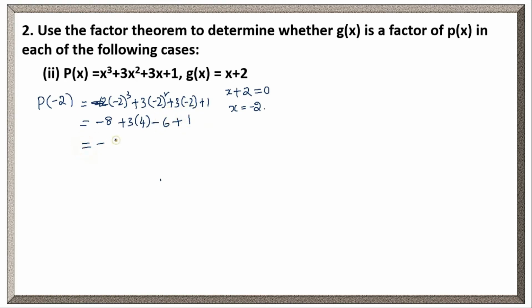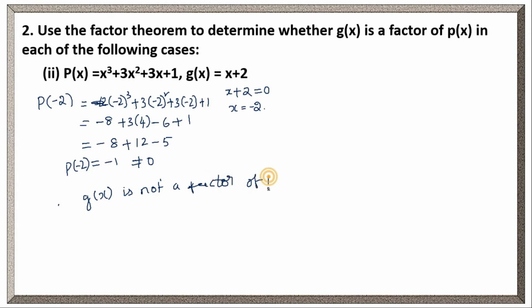Minus 8 plus 12 minus 6 plus 1 minus 5. Now 8 plus 5 is 13, minus 13 plus 12 is minus 1. So the remainder we got is minus 1, which is not equal to 0. Therefore g of x is not a factor of p of x.